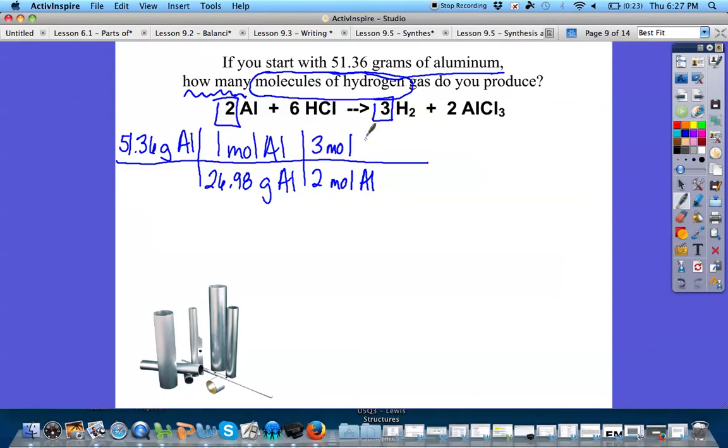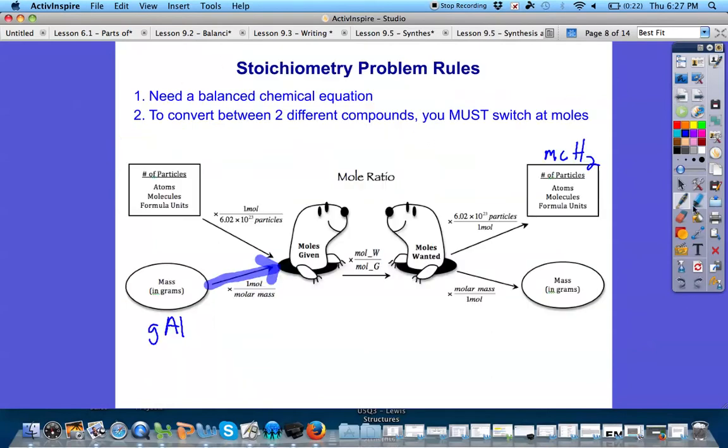If we stopped at this point, we would end up with moles of hydrogen, but we don't want that. So now we've gone through this step. And so since we want molecules, we're going to take this last leg of this pathway and go up here. So we're going to have 6.02 times 10 to the 23rd particles, and in this case, those particles are going to be molecules of hydrogen over 1 mole.